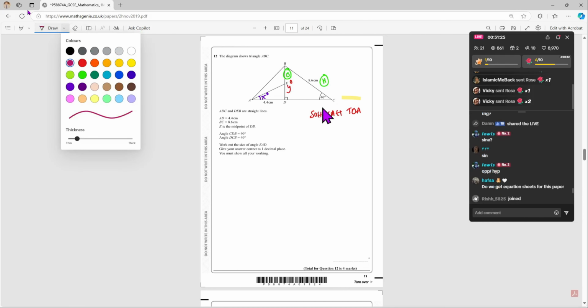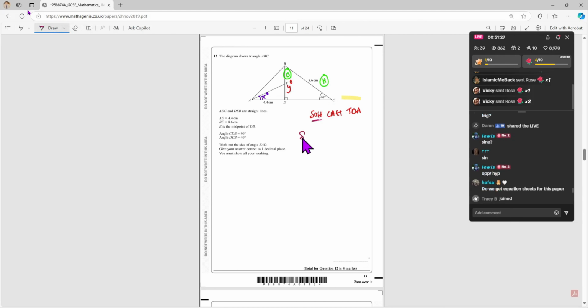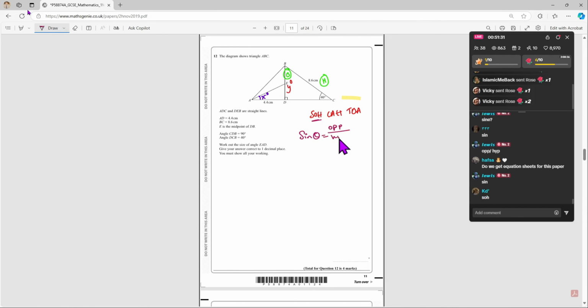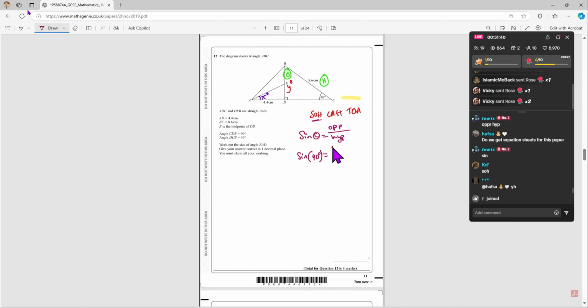So we're going to be using sine theta is equal to opposite divided by the hypotenuse. Substituting the values in, sine 40 degrees is equal to the opposite, which is y, over 8.6.